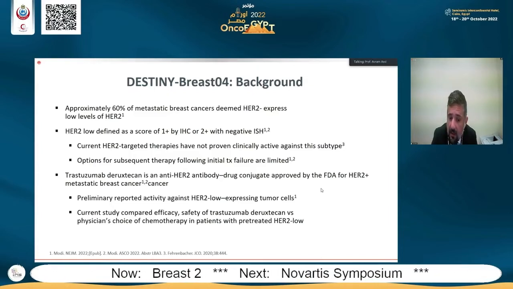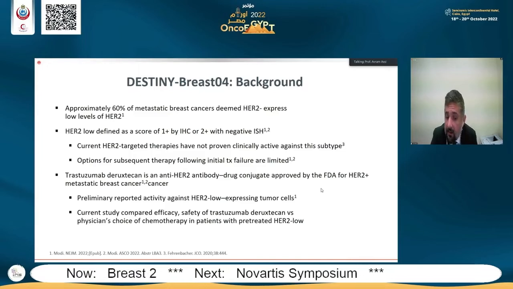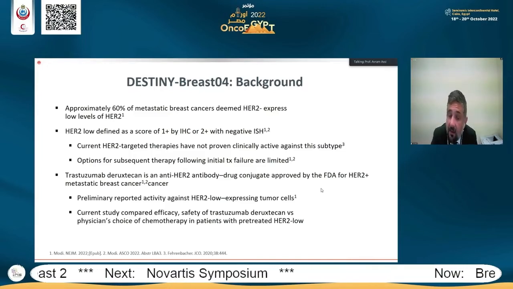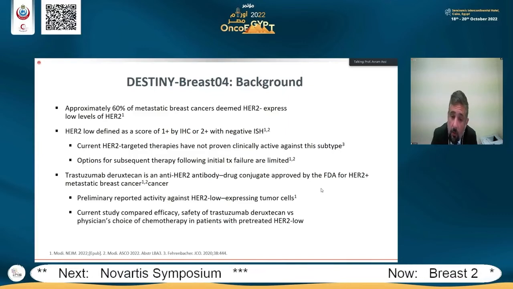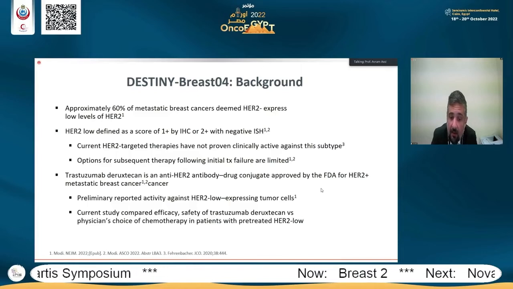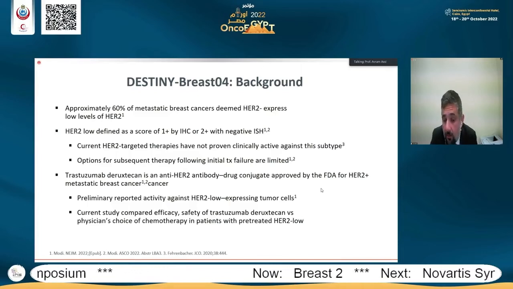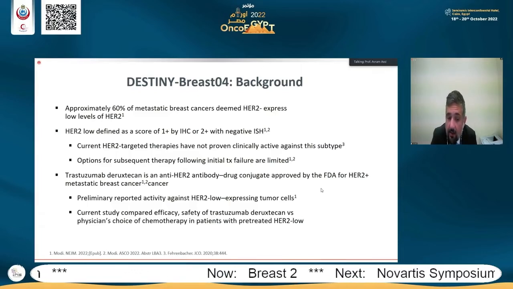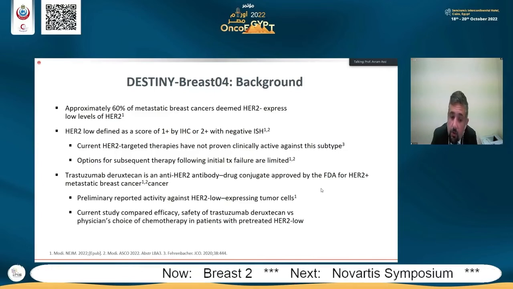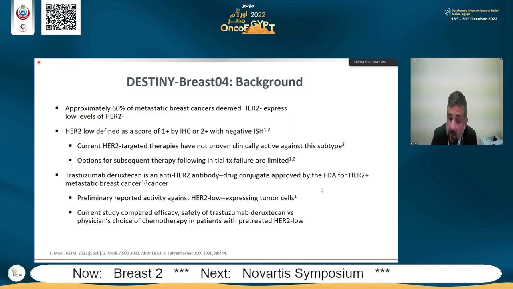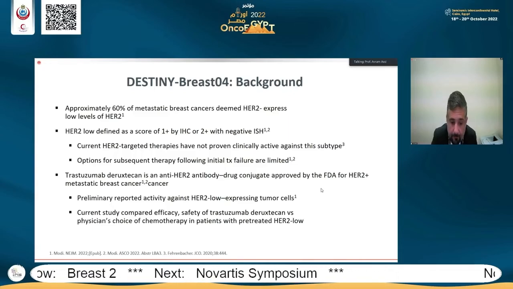This agent targets the HER2 receptor on the surface of the cell, and it delivers a cytotoxic payload inside the cell, which destroys the cell and lowers breast cancer activity.